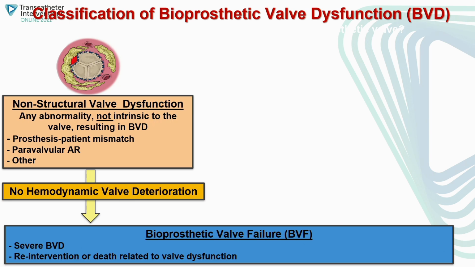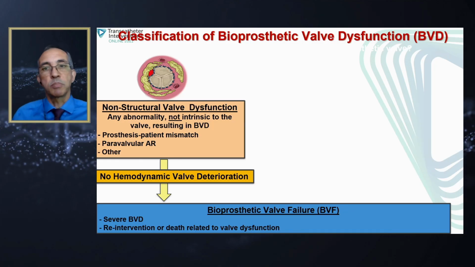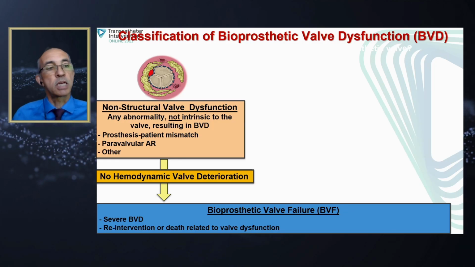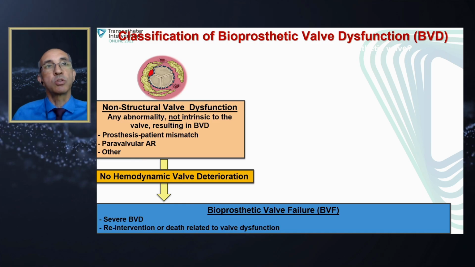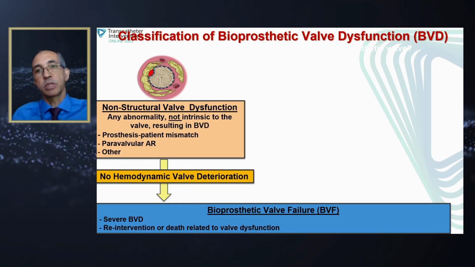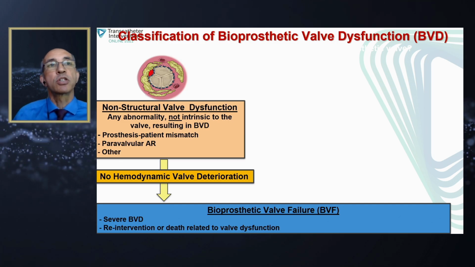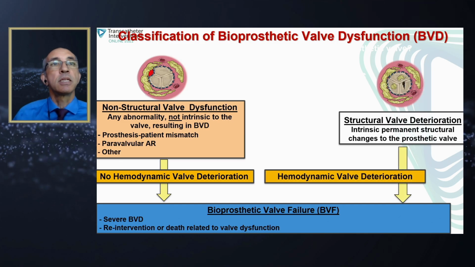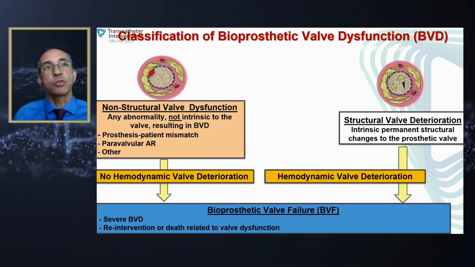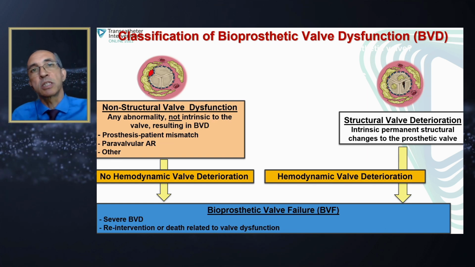There is the non-structural dysfunction, which essentially includes prosthesis-patient mismatch, because in prosthesis-patient mismatch the valve is functioning normally but is too small for the patient, so there is a high residual gradient. Paravalvular AR is also a non-structural valve dysfunction. In this case, the abnormality occurs at the time of the procedure and then remains stable over time.